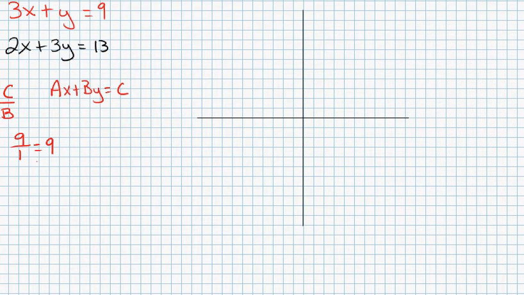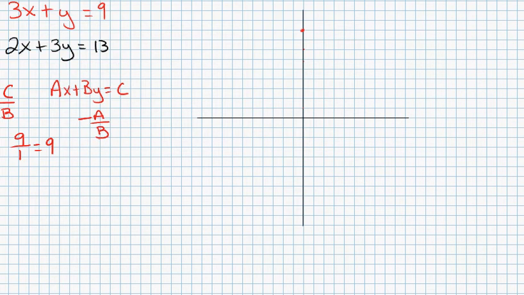So I have a y-intercept of 9, so I can put a point on my y-axis at 9. So 1, 2, 3, 4, 5, 6, 7, 8, 9. So I have my y-intercept here at 9. And then I know my slope is a negative a over b.